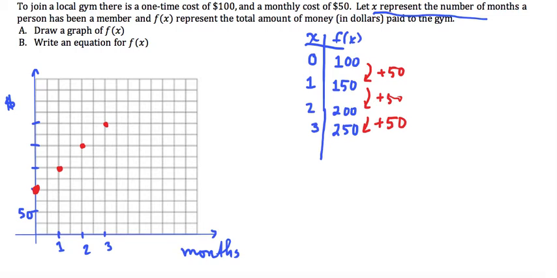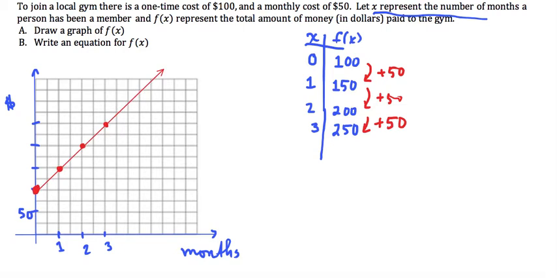So from this, we can make a bit of a deduction that this is going to be a linear function. It's just going to be a straight line that goes from this point here through all of those dots right there. So that's going to be the graph of f of x.